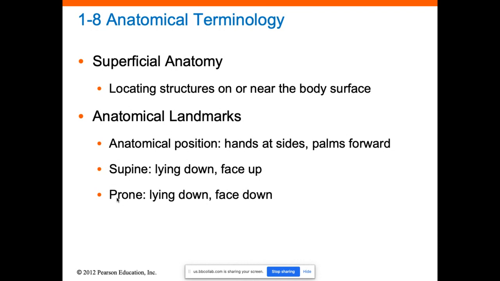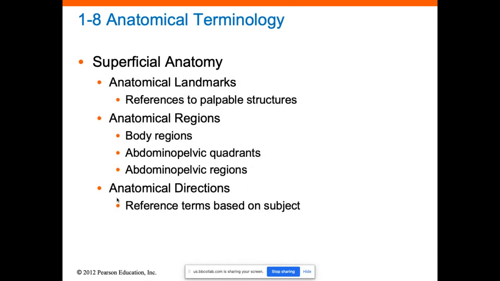When you're supine, you can hold soup in your hands. But if you're prone to spilling it, oops, right? When you're prone to spilling it, your hands turn over and rotate down. So supine is holding the soup. Prone is when you're prone to spilling it, when the hands rotate down.